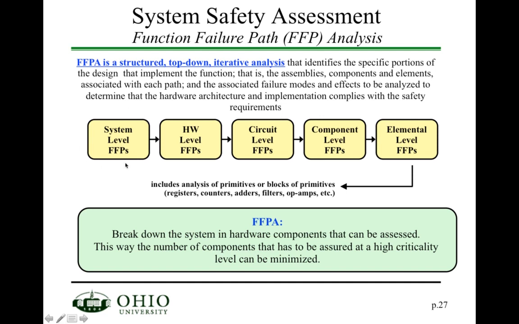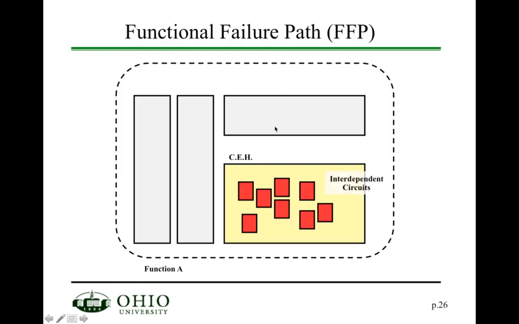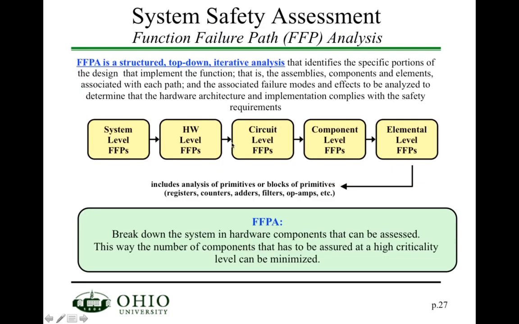So you're going to look at the system level and check what kind of hardware components it has, and within hardware components it may have some complex electronic hardware like we saw in the previous slide. Then you ask, are there any circuit boards within that? Then within the circuit board you're going to look at sets of components, and within these components you're going to have elemental level FFP.